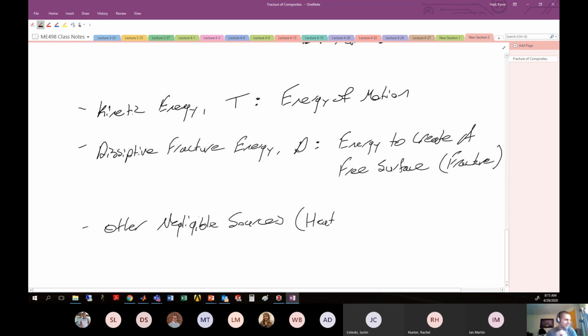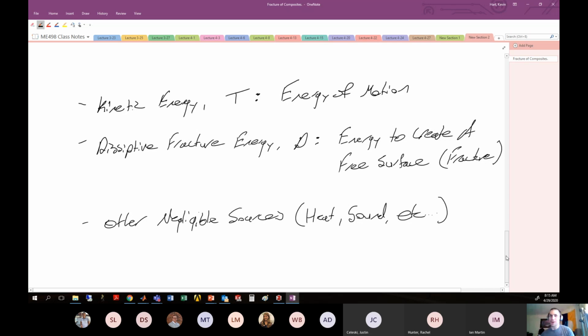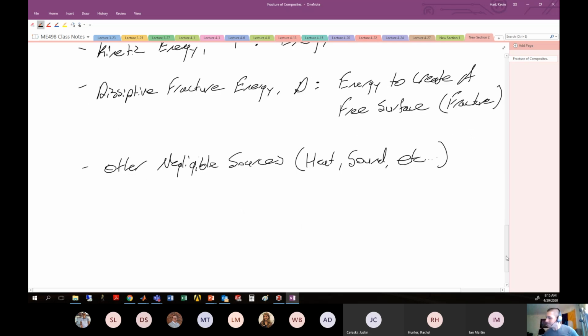I'll write heat with a caveat, in that sometimes the energy of heat is not negligible, but for what we're talking about in this class, it is. Heat, sound, others. Sometimes light is created. Look up triboluminescent materials. That'll blow your mind. So other negligible sources: heat, sound, and so on.